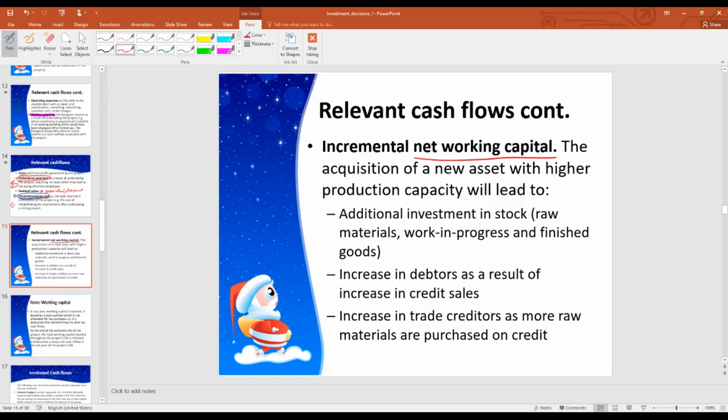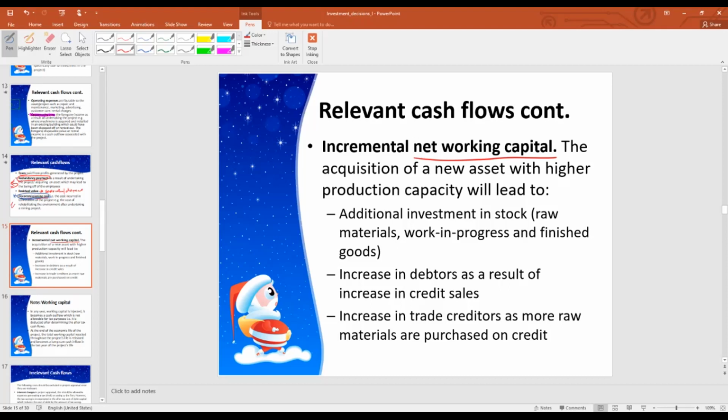Therefore, in the year when you invest this working capital, there will be a cash outflow. Don't forget you are investing, you are paying. So in case you have a positive working capital, it means you are paying. If you have a negative working capital, it means you are receiving.